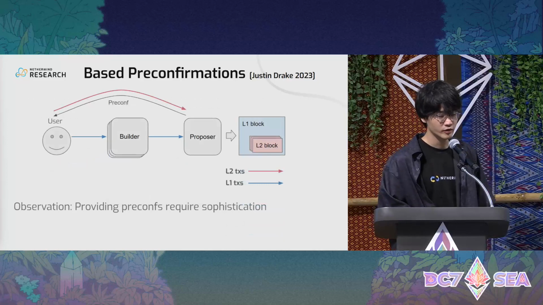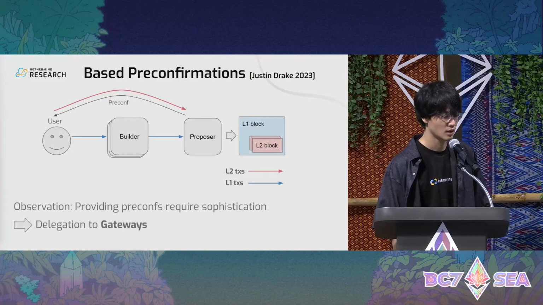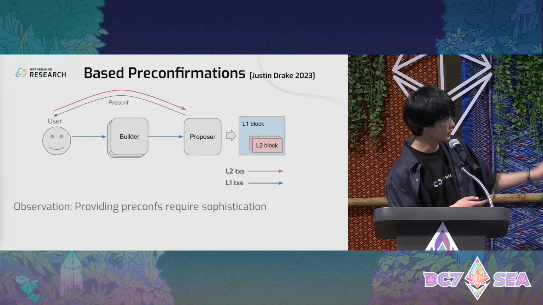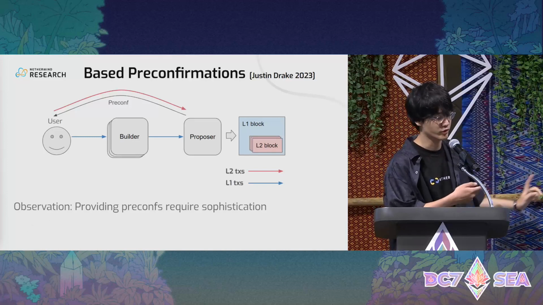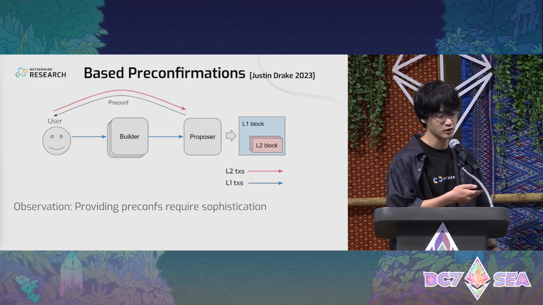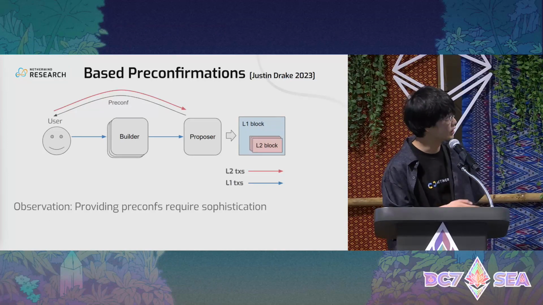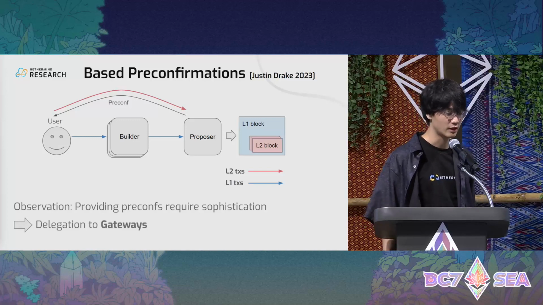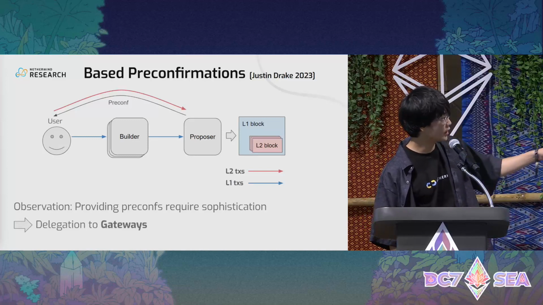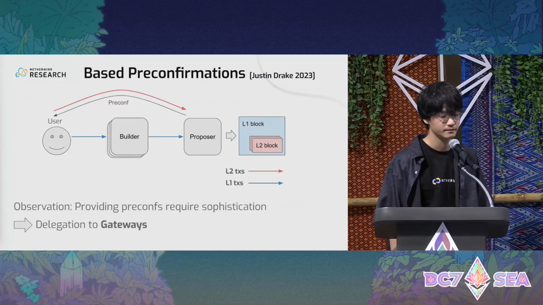One observation here is that providing preconfirmations requires sophistication. The proposer has to have some API or RPC endpoint to provide the preconfirmations, and also needs to run the L2 full nodes to actually sequence these L2 blocks. So they would probably want to delegate, to what we call gateways.